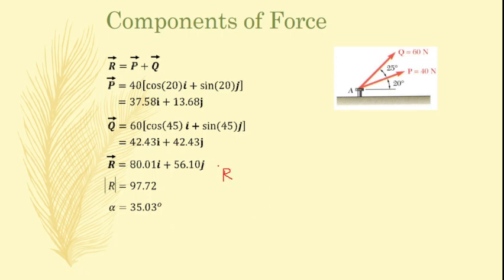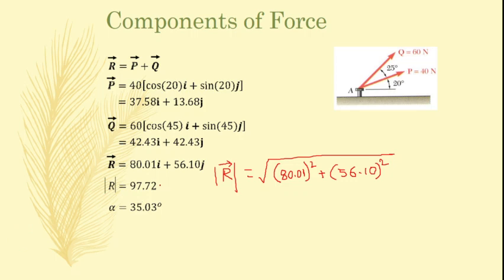If we want to find the mod of R, the magnitude, then we have to write this root over 80.01 square plus 56.1 square. We get this resultant vector.